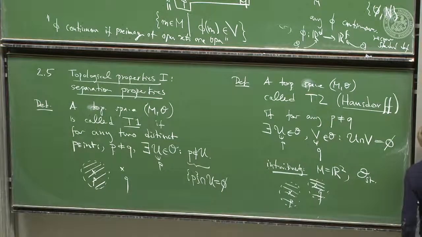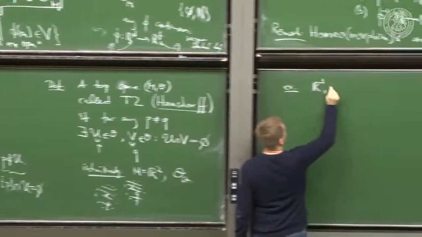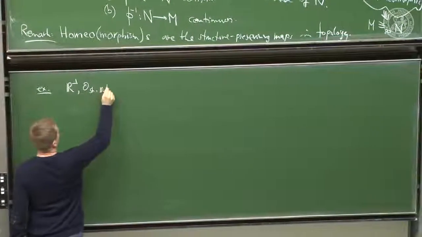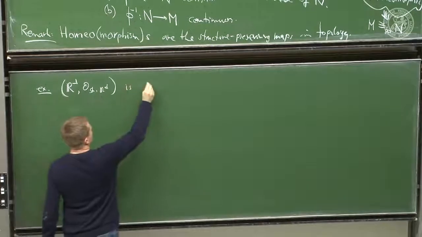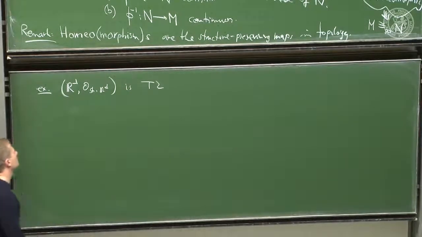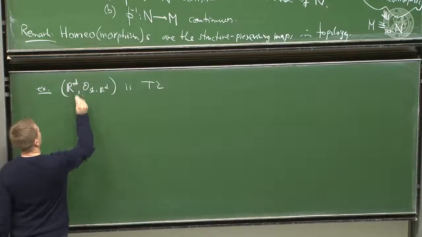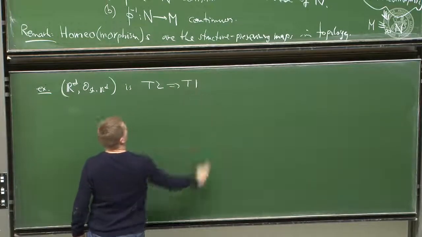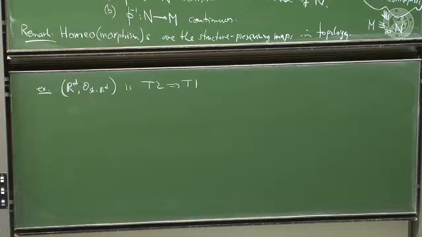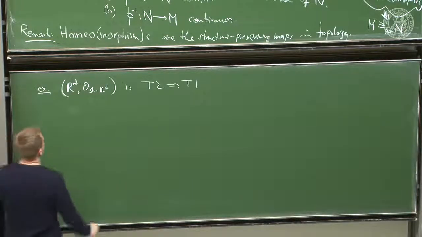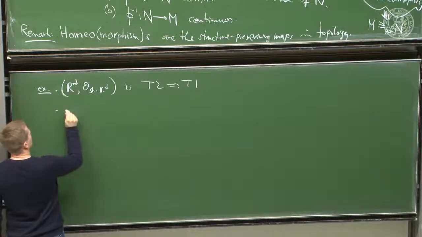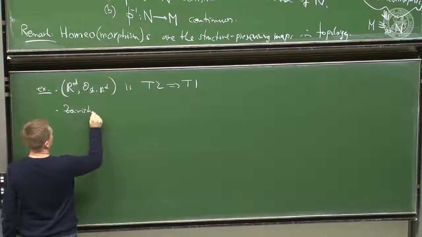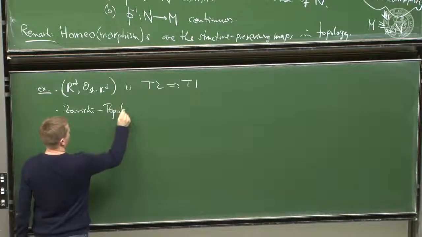So, example. R^d with the standard topology is T2, and hence it's T1. Right? T1 is weaker than T2. But then there are other examples, like, for instance, the Zariski topology.